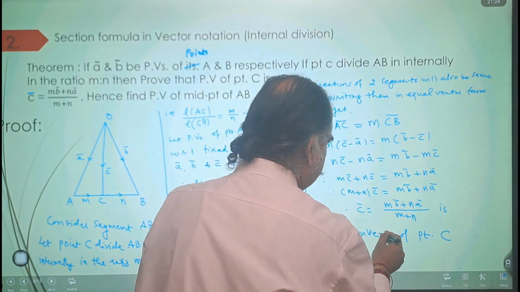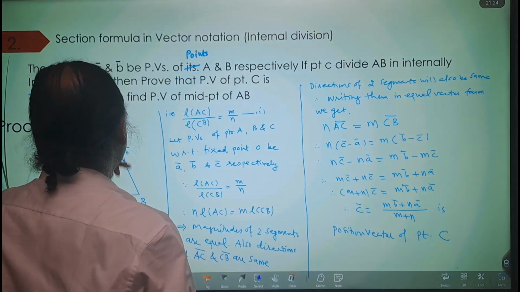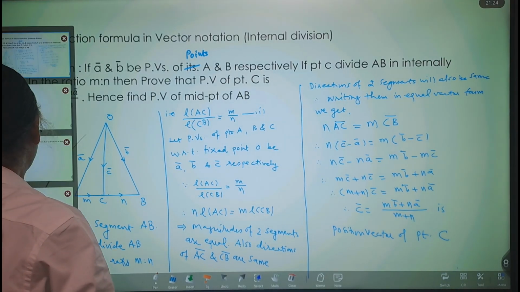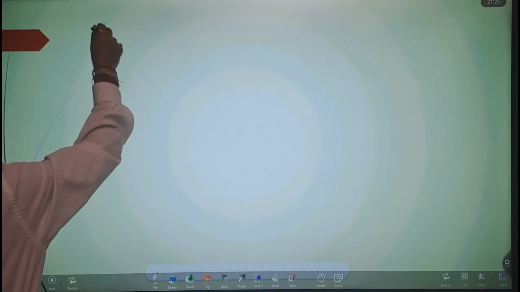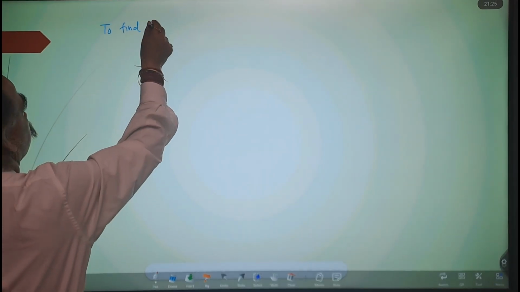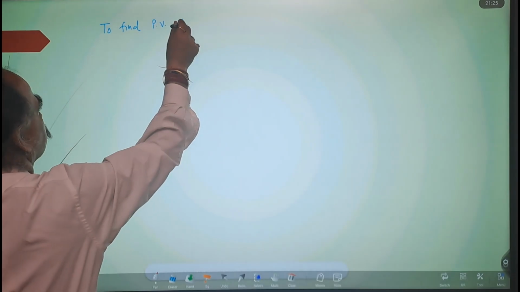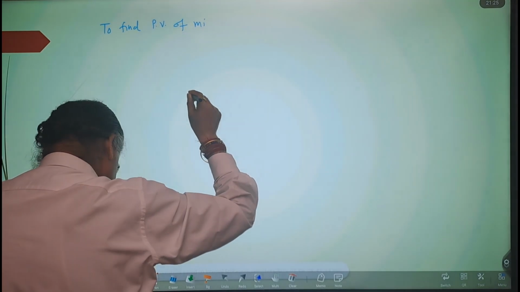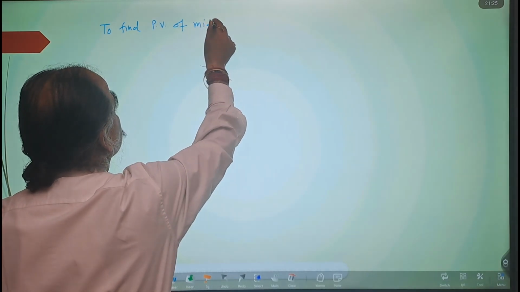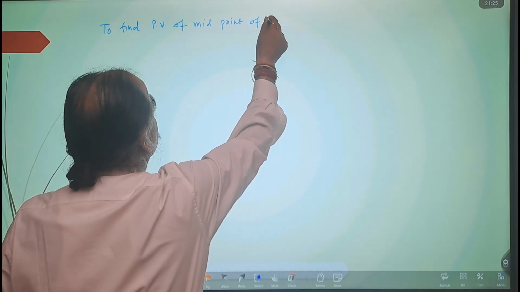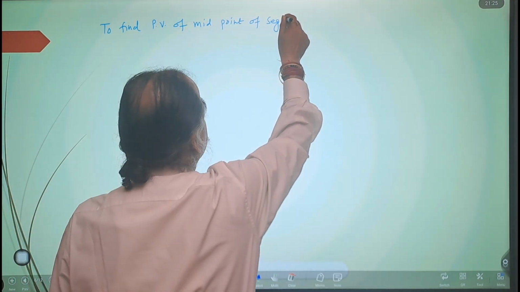Now after this we have to find out the position vector of midpoint of segment AB.